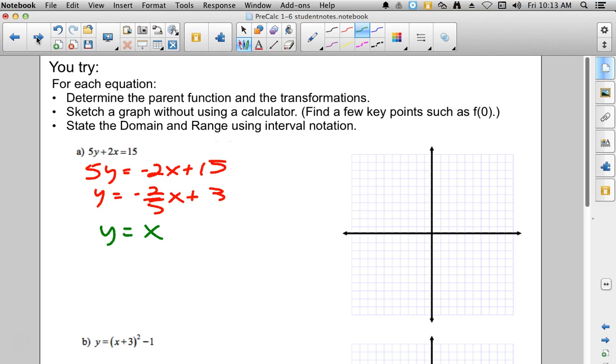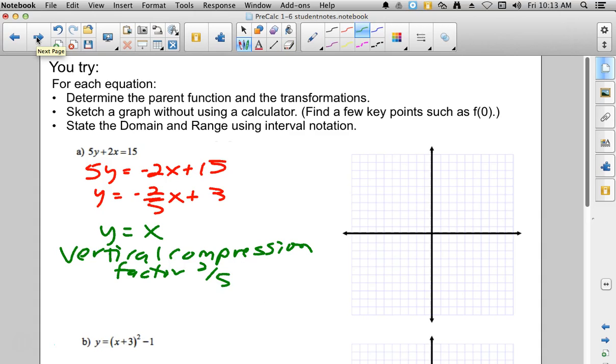So what is this -2/5 telling me? That's my a value. What does it say to me? Vertical what? Compression. Don't let the new stuff we did mess with your head. We've got a vertical compression factor of 2/5.